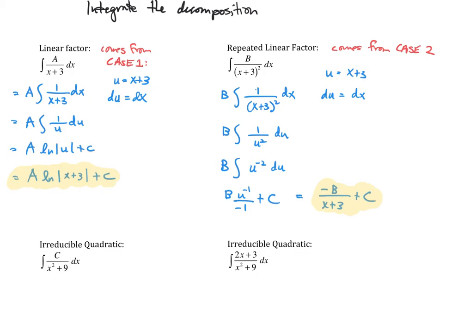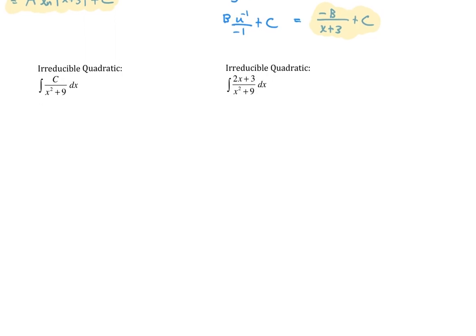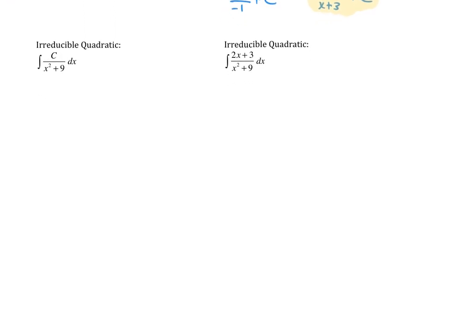When we look at irreducible quadratics, these come from case 3. The way that we handle this is, when I look at this integral right here, this almost looks like an arctangent type integral.